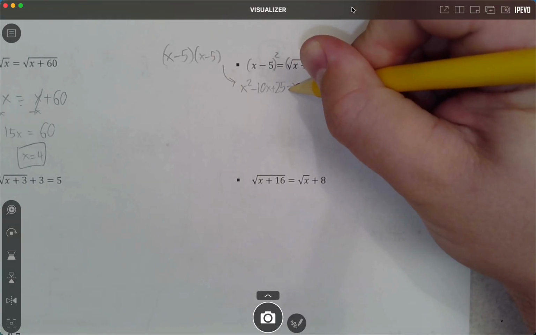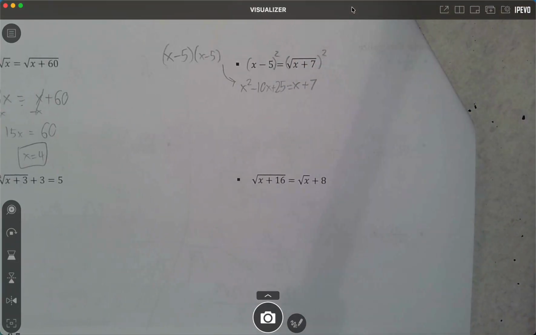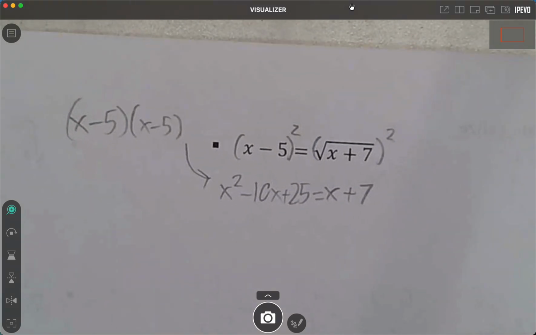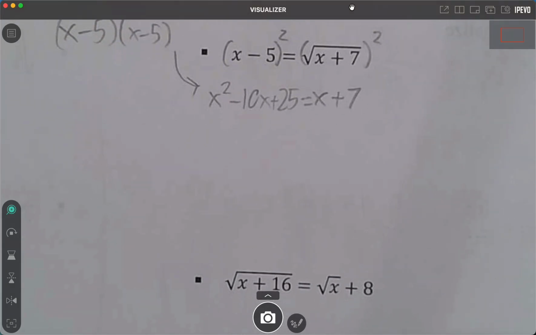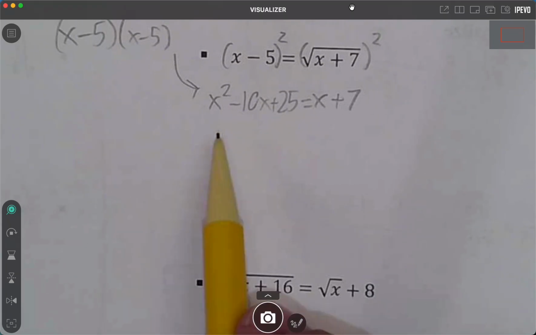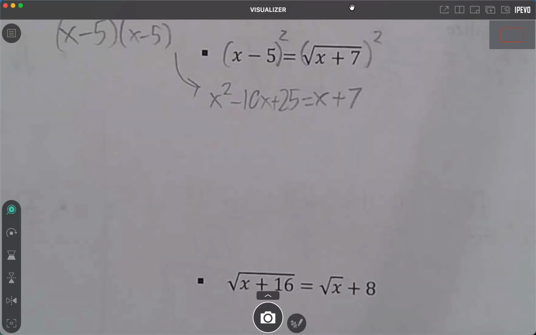I'm kind of rushing through that foiling because that should be reviewed in known concepts, but that's where we find ourselves now, is that I did square x minus 5, and this is the algebra I got. Now the other thing is that now we need to solve this, and because I see an exponent, the only strategy we know in this course is to move everything over to one side so that we set one side equal to 0, and we're going to factor.